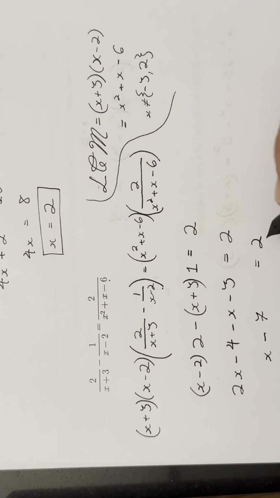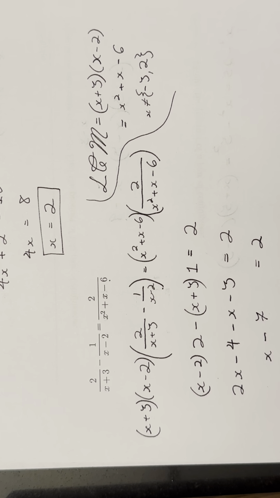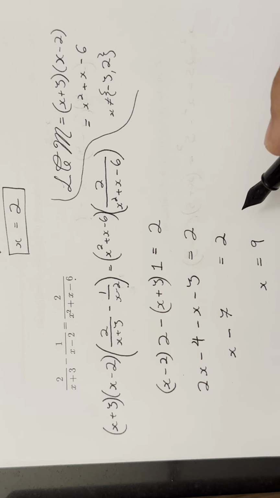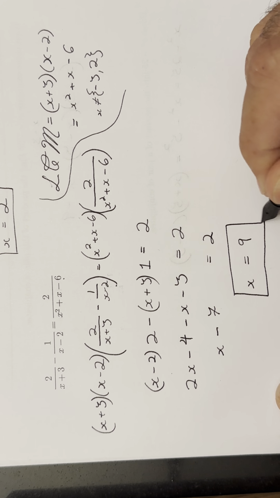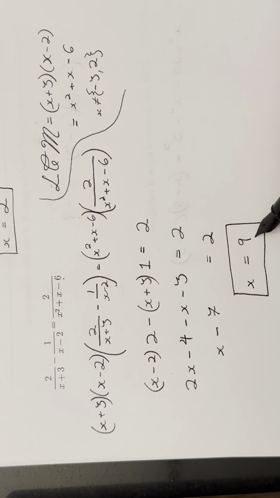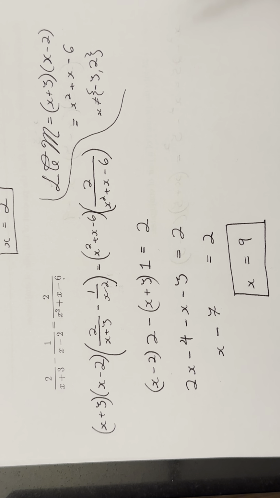And that, of course, still equals 2. I add 7 to both sides, and I find that x equals 9. And 9 does not match either of my forbidden values, so I go ahead and box it in because that is my final answer. As a reminder, if this number did match either of these two values, then my answer would be does not exist.